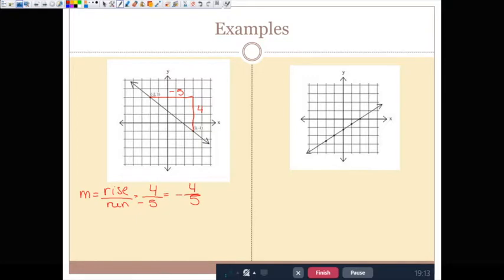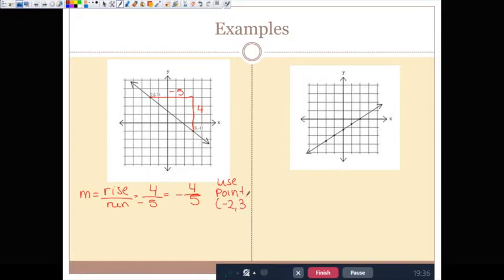I don't know what my b is, because it's in between 2 points. So I have to find it. I'm just going to select one of the points that they gave me. They gave me a point here which was -2, 3. I'm just going to use that one. It doesn't matter, you can use any point.